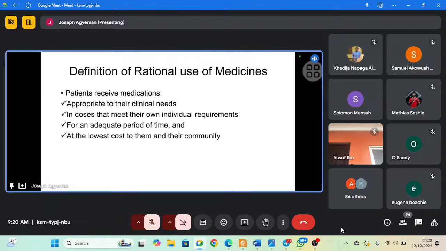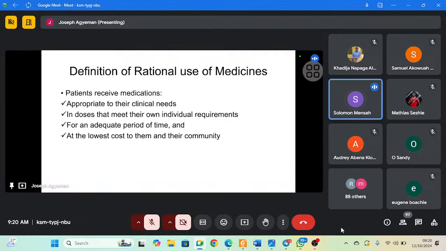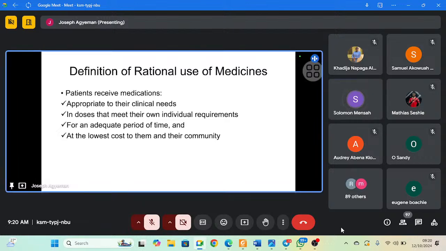If you miss out on even one of them, it means that you've not achieved rational use of medicines. What goes into it? So we can convince ourselves that yes, we are using drugs rationally only when the medication is appropriate to the clinical needs of the person who is using the drug.